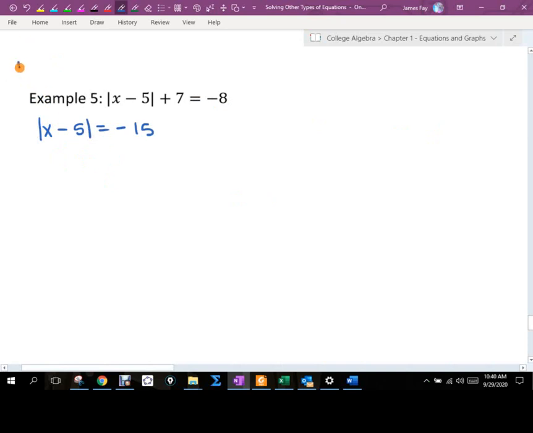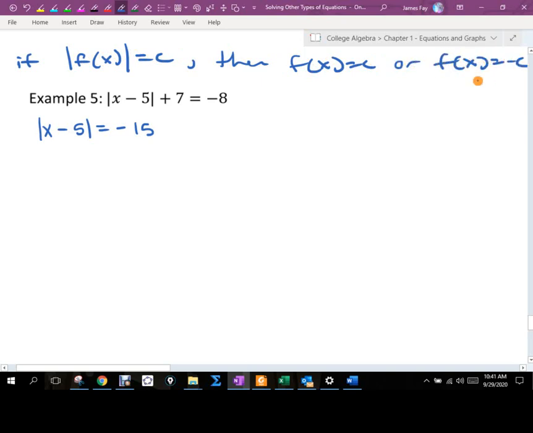Does that match the phrase, if the absolute value of f of x is equal to c, then f of x equals c, or f of x equals negative c? Those match? They do? So that matches that? And here's my argument. Is one of those positive c and one of those negative c?